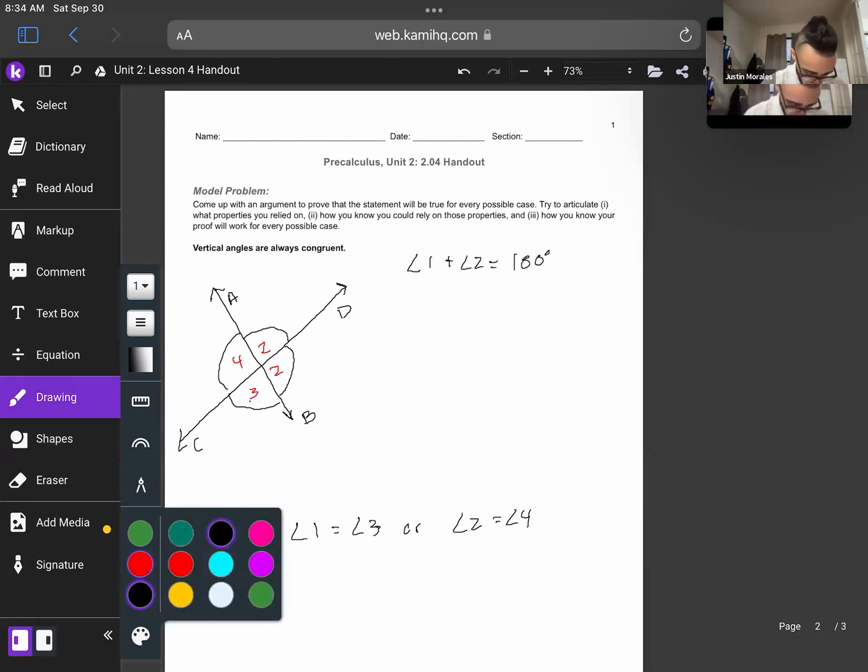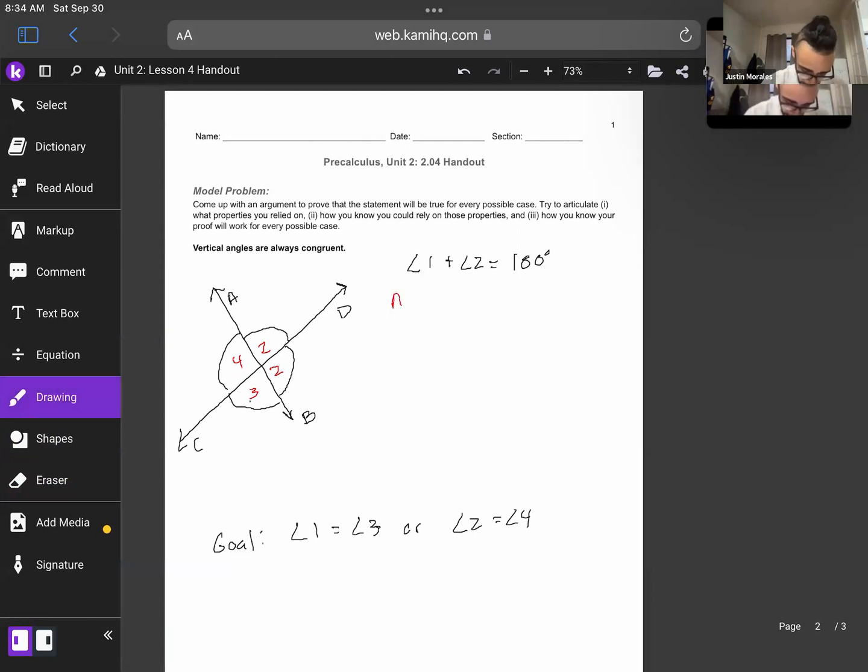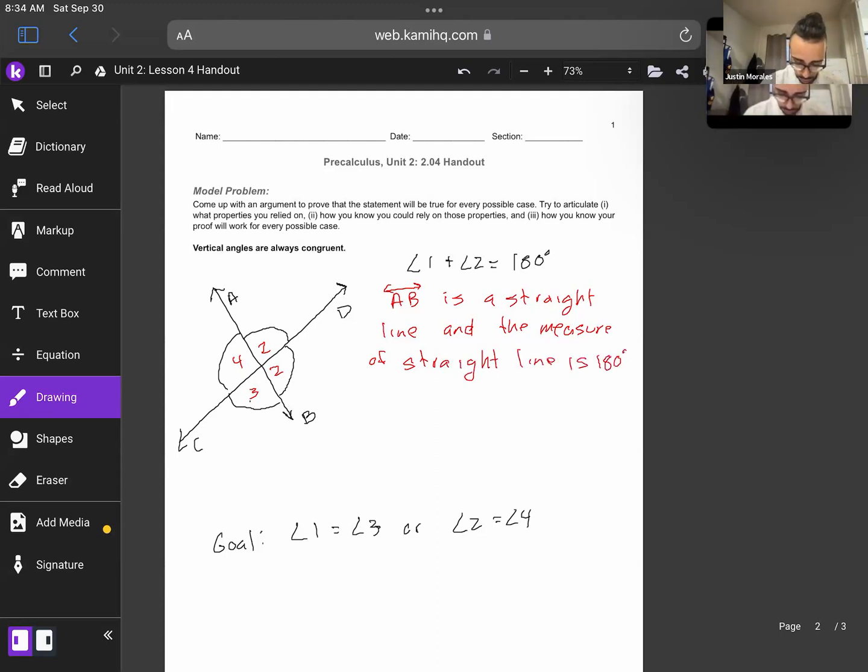And I know that is true because line AB is a straight line, and the measure of a straight line is 180 degrees. So that is an example of using a math property to help create your proof.